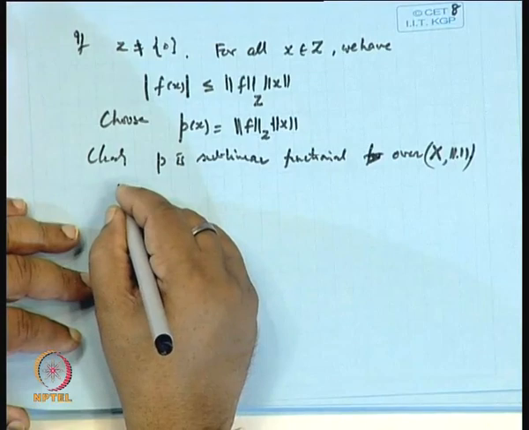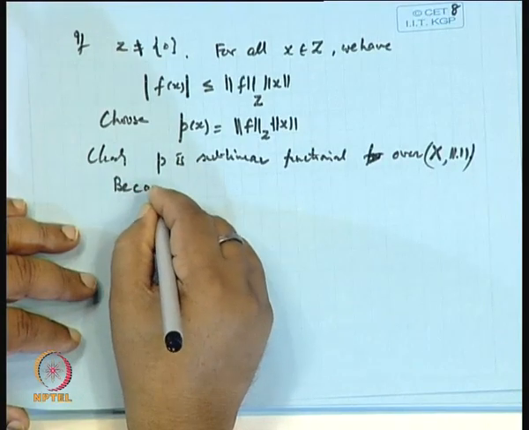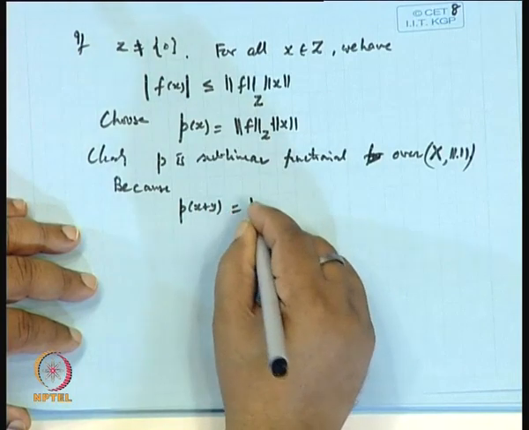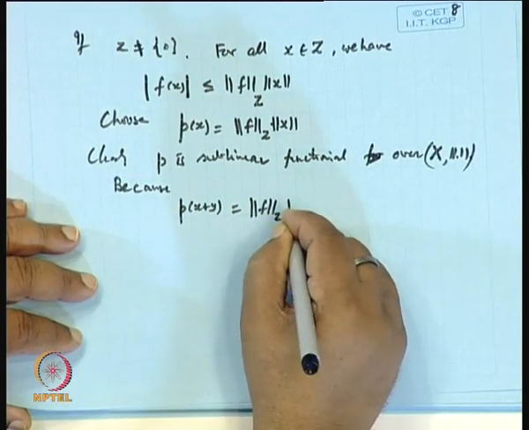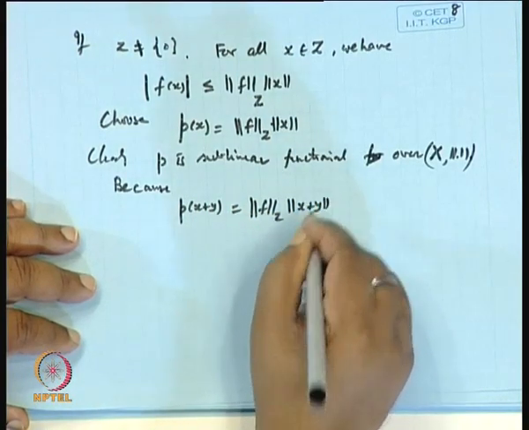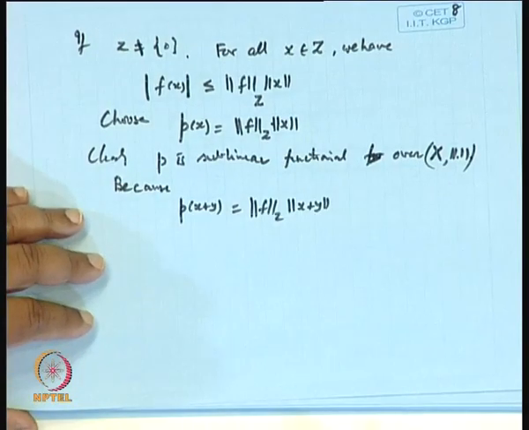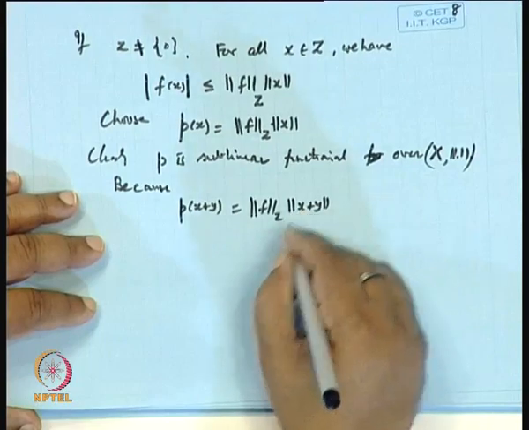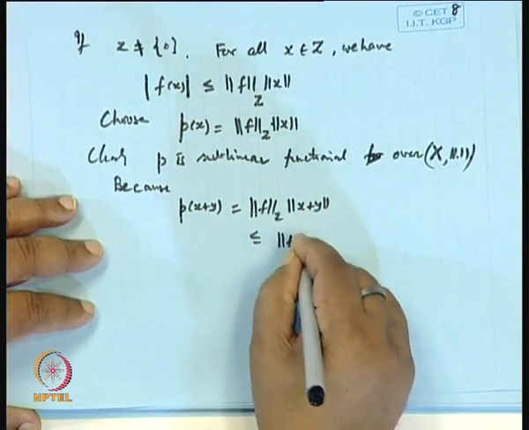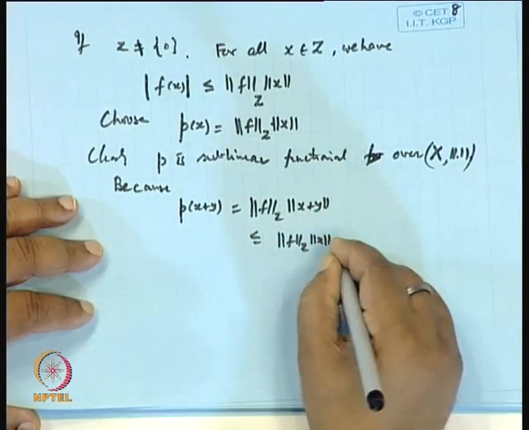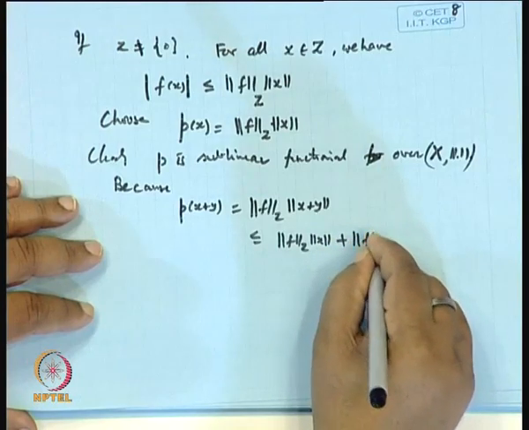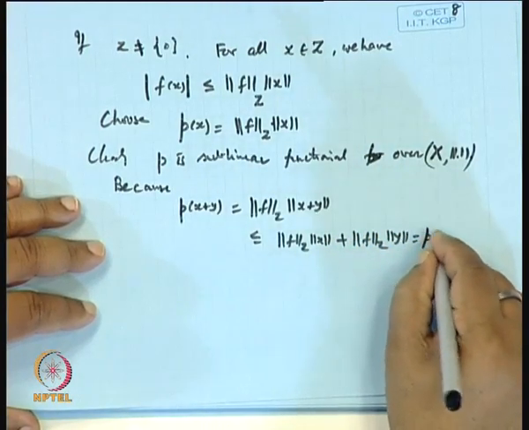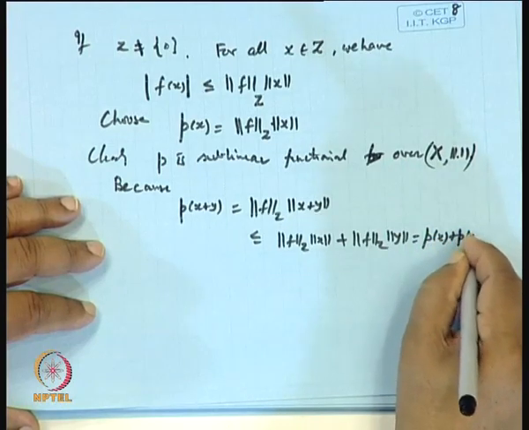Because P of x plus y is norm of f Z into norm of x plus y, which is less than or equal to norm of f Z into norm of x plus norm of f Z into norm of y by the triangle inequality, and this gives p x plus p y.